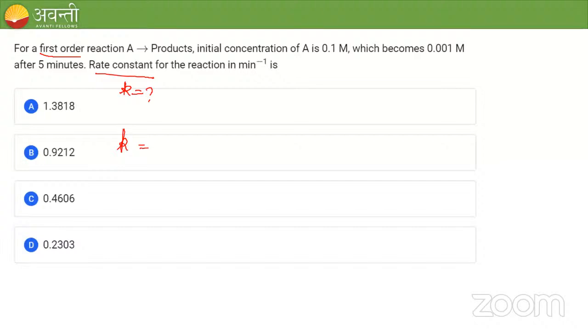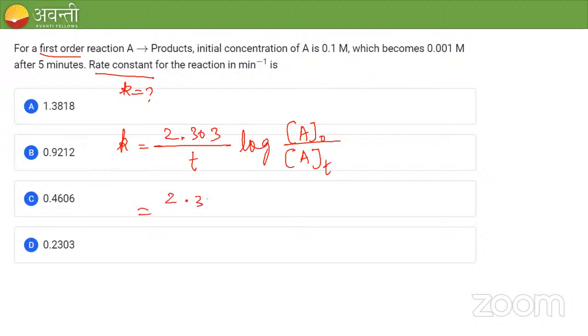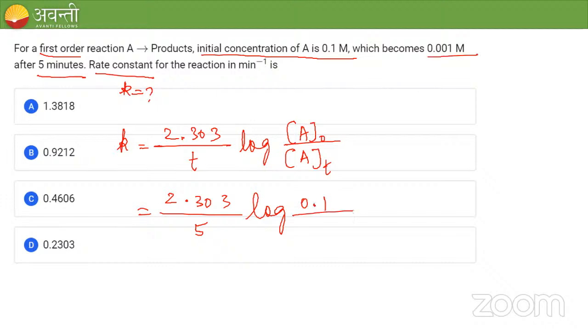We have K is equal to 2.303 divided by T into log of initial concentration of A and the concentration of A after some time T. So substitute all the values. 2.303 divided by 5 minutes into log of 0.1 over 0.001. 0.1 can be written as 10 power minus 1 and 0.001 can be written as 10 power minus 3.